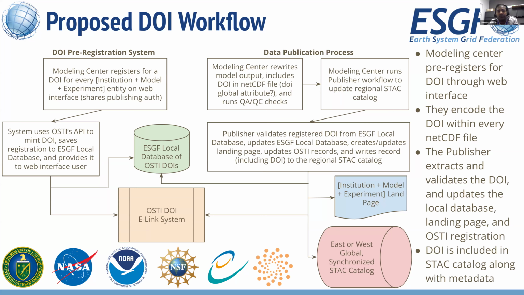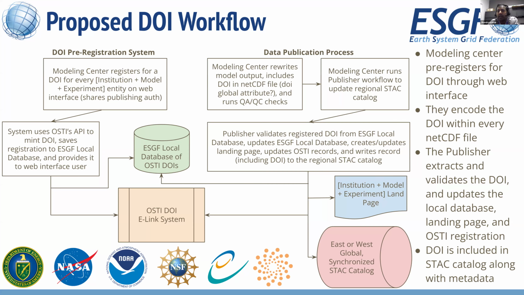So the starting point, which will happen months before the data is actually published, is the DOI pre-registration. On my next slide, I have a little bit of an overview of the granularity that we are using for assigning these DOIs.